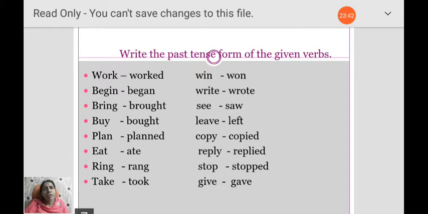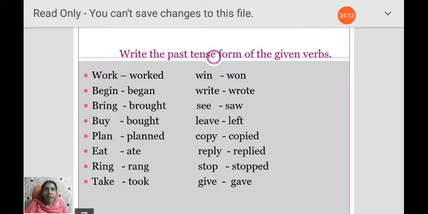Bring is to fetch, okay, and buy is to pay the money and take something. But I see many students confused with these two words, and when it comes to the past tense they both look similar. There is a slight difference in the spelling.